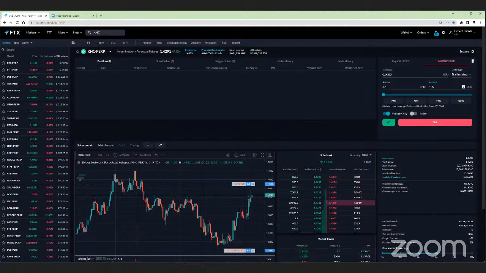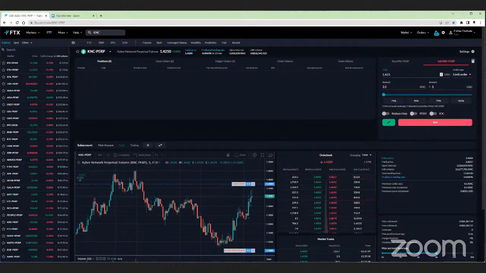With $5 I can get 3.4 units, and so I'm going to go to limit order. The price is now 1.425. It doesn't matter. Let me just say I want to get in at 1.42, and 1.423 because I'm hoping it hits, and you don't need to have reduce only activated. So entry price, limit order, amount, and sell.